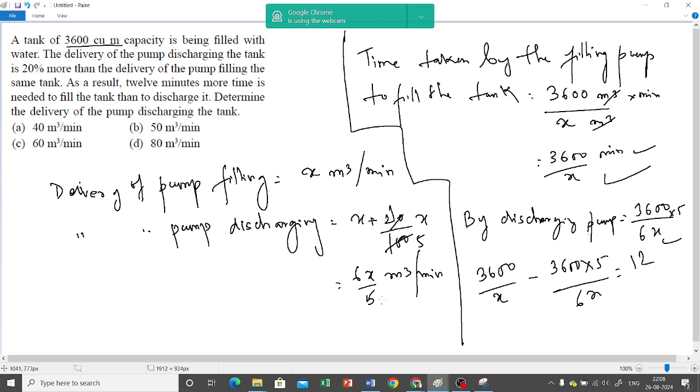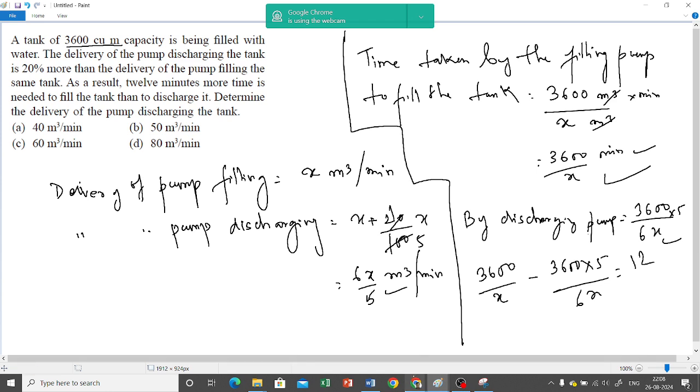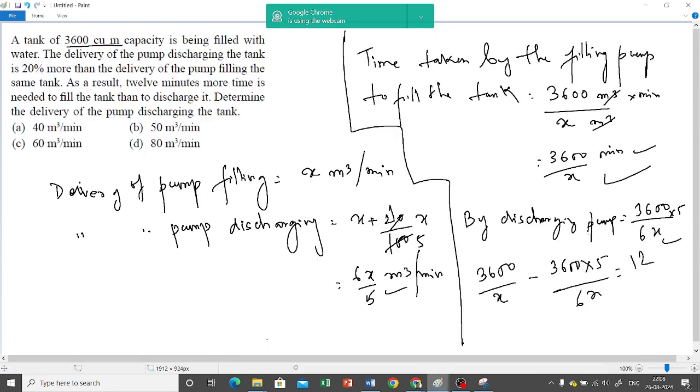So discharging the tank is 6x by 5. So 6 by 5 into 50, that's going to be 60 meter cube per minute. Okay, this is the answer.